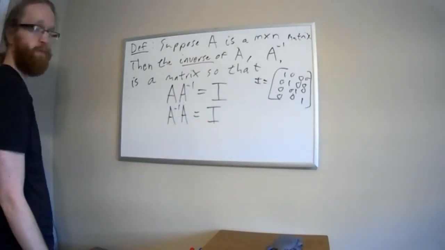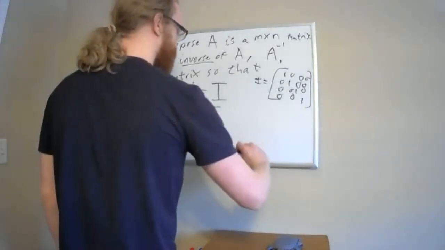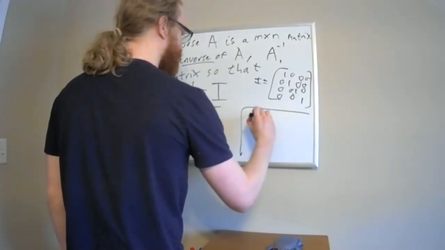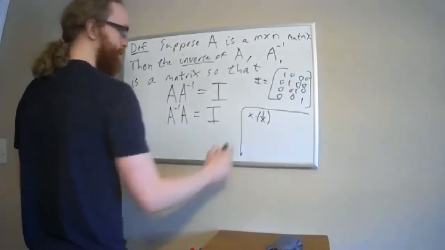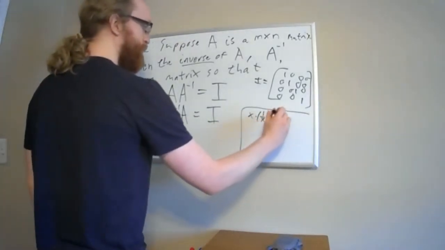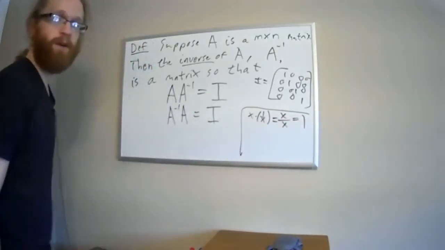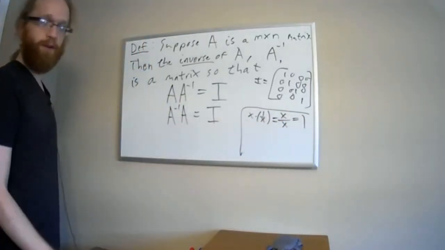This is just like with reciprocals in numbers, because here's a little aside for you. If I take a number x and I multiply by its reciprocal, 1 over x, what do I get? Well, that's x divided by x. Well, anything divided by itself is 1. So really, this same property holds for numbers too.